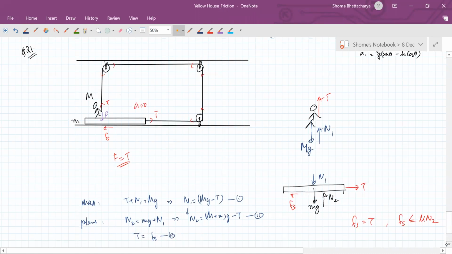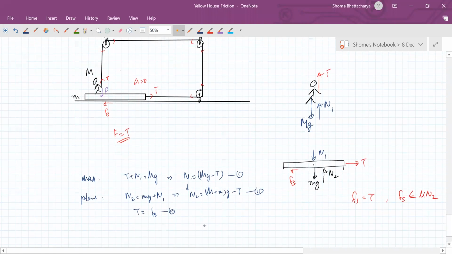Now you put the limiting friction condition, so T should be less than or equal to this.